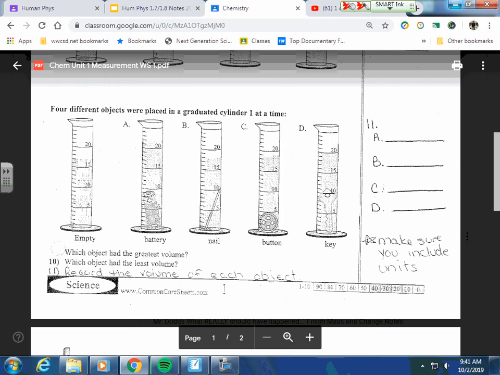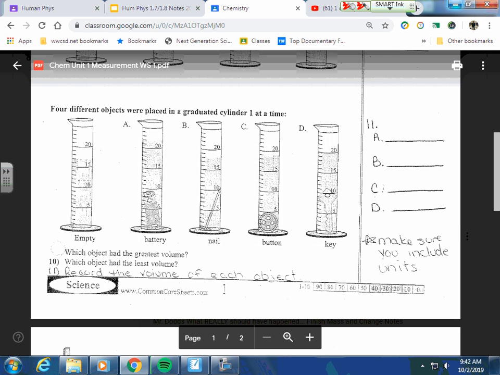All right, so this is that method called displacement we talked about yesterday. If we've got irregularly shaped objects that we want to find the volume of, we can't just measure sides.